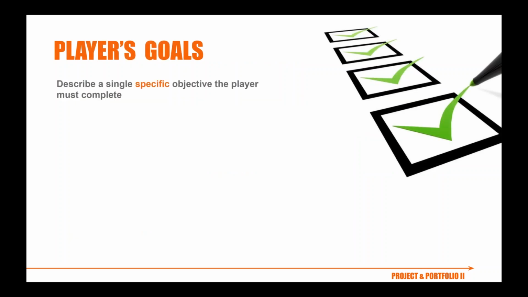One of the first main parts of the level design document is the player's goal. This is the main objective that the player has to complete. This gives your level a sense of purpose.